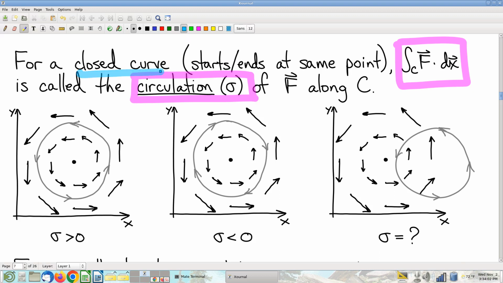And if you have a closed curve, it doesn't necessarily itself have to be a circle, but if you keep track of the direction vector, right? So this curve here, let's say it starts there, the unit tangent vector starts pointing up. As you go around, that unit tangent vector makes a circle, right, eventually. So independent of the shape of the curve, that unit tangent vector goes all the way around in a circle.